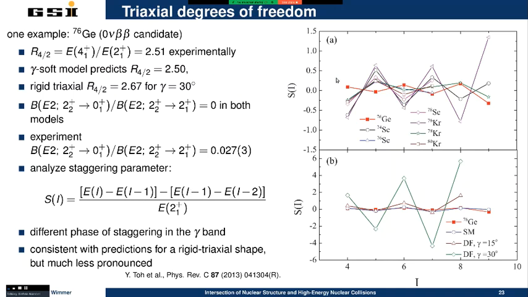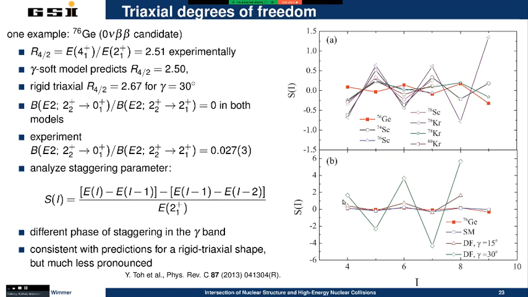And this is plotted here for different nuclei: germanium, selenium, some krypton isotopes. You see that all of the nuclei except for germanium-76 go up, down, while the germanium goes down, up, down, up. So the phase is opposite. And actually the phase, again, at the bottom is just the germanium.